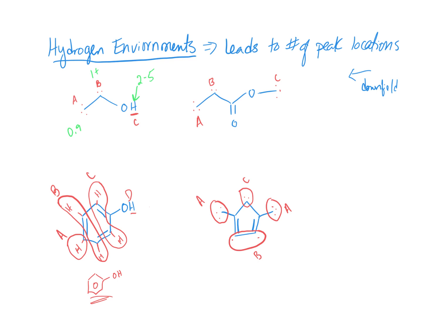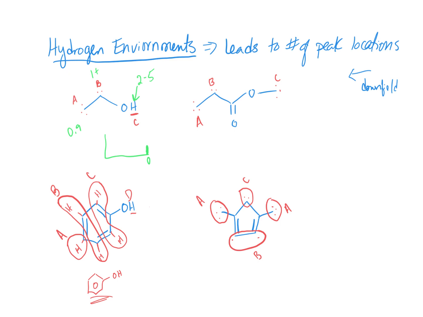So when you see the actual spectra here, we're going to see a peak at 0. That is our way to sort of normalize things, with TMS, which is tetramethylsilane. It's an additive that we put into our samples so that we can see where 0 is located.